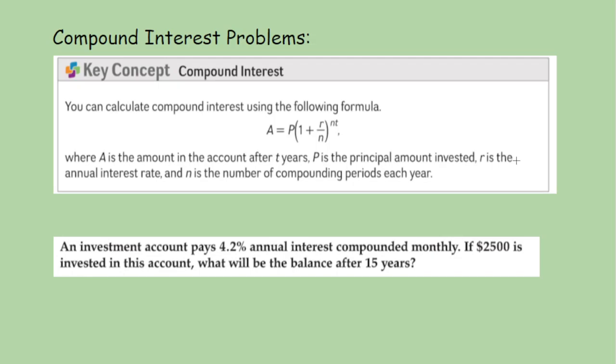And when it compounds, that means they apply that interest to your initial amount that you put in. Then the next time interest is compounded, it's not only done on the amount that you initially put in, but now it includes that interest that went in.